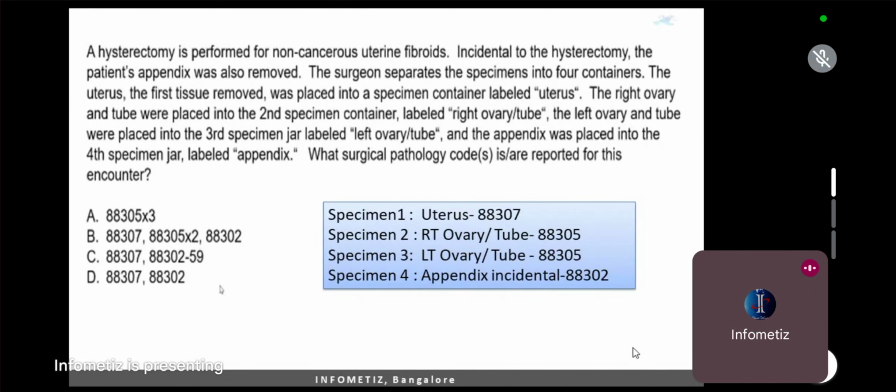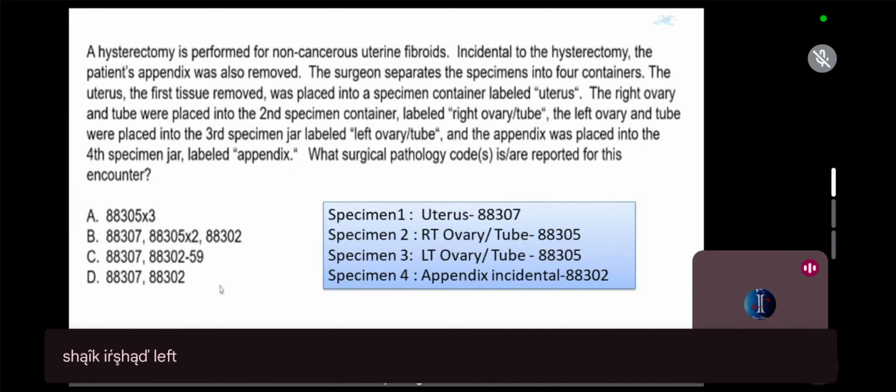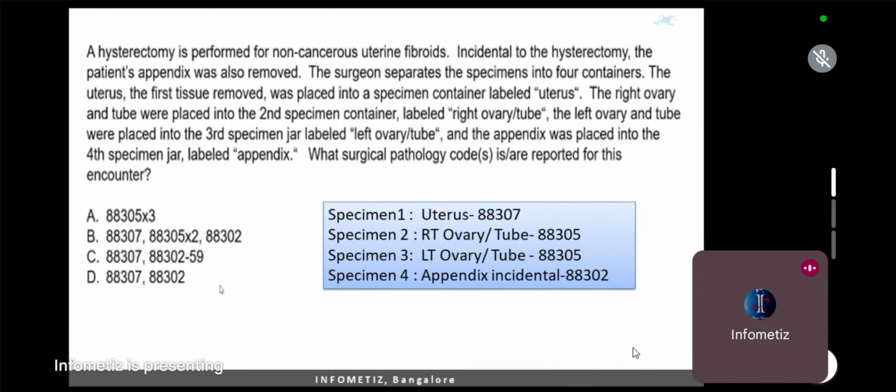Then what is pending? B. So 88307, 305 times 2, and 302. 307 is for the uterus, non-cancerous. See, here they said non-cancer. 305 twice, 2 times for ovary and tube.